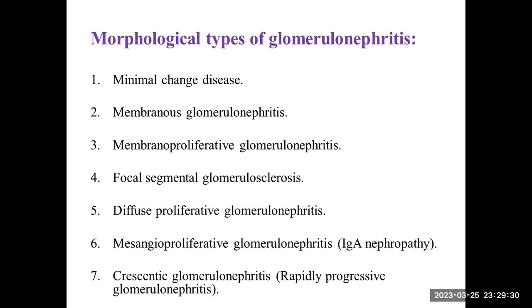The thickness of the glomerular basement membrane tends to change in specific types of glomerulonephritis. And the degree of cellularity is very important because when you have more cellularity, this increase might be due to proliferation of the local cells, like the mesangial cells and endothelial cells, or it might be due to infiltration by inflammatory cells, like neutrophils.